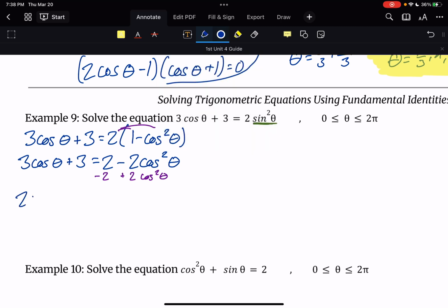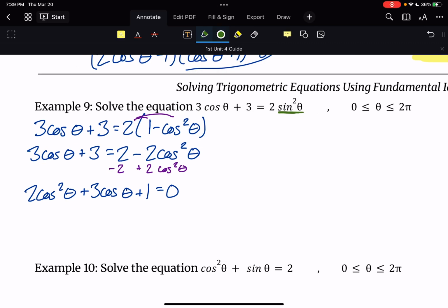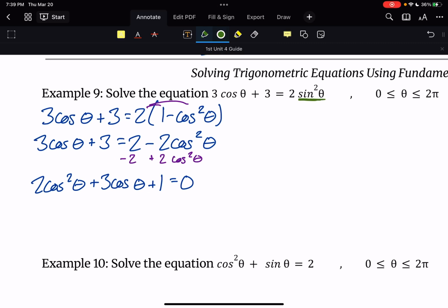So doing that gets me 2 cosine squared theta plus 3 cosine theta plus 1 is equal to 0. And now we can factor this just like we did with our last problems. So we can call x cosine theta.